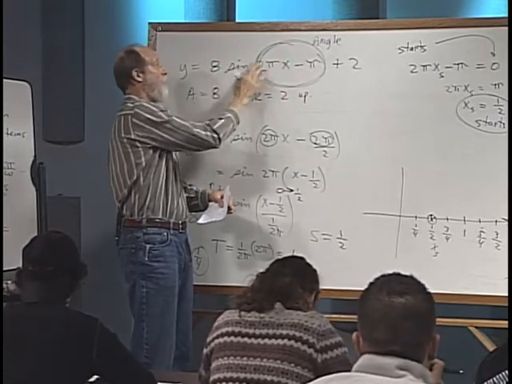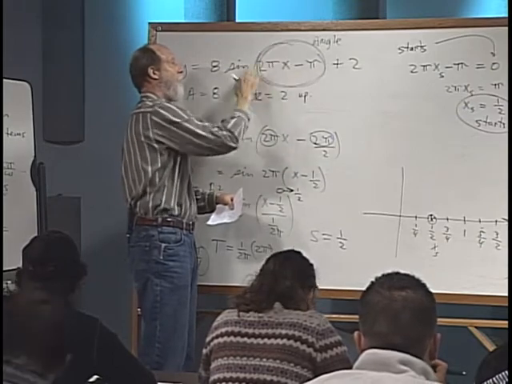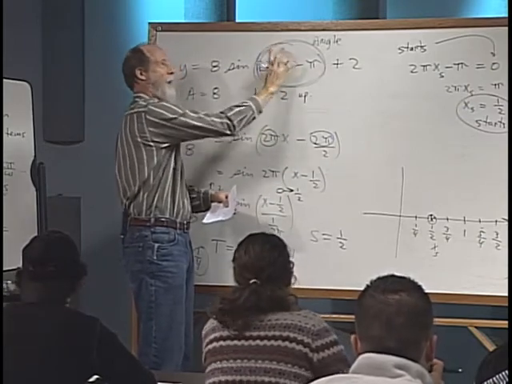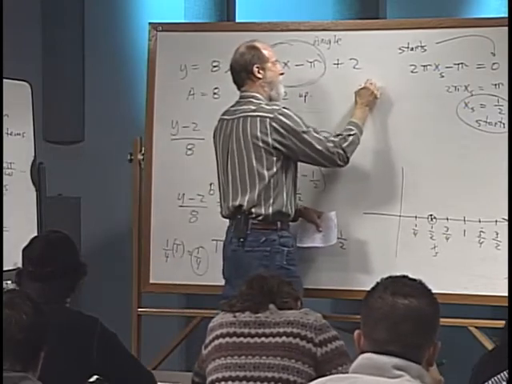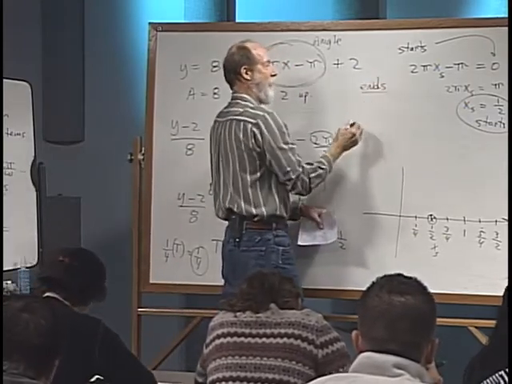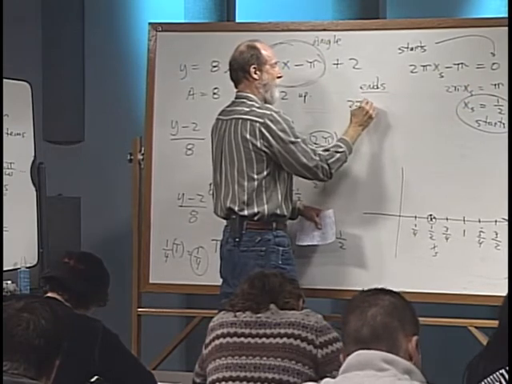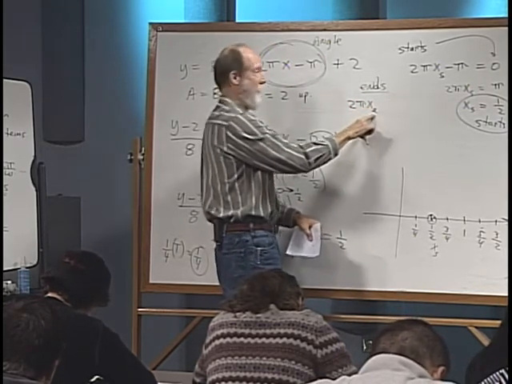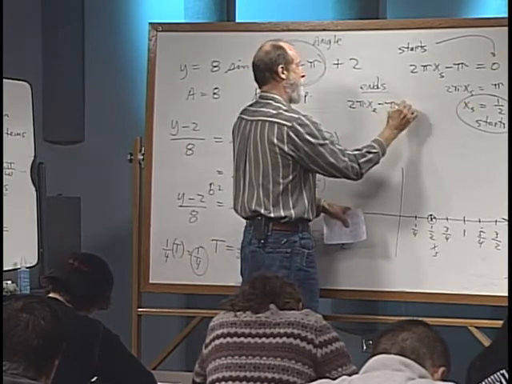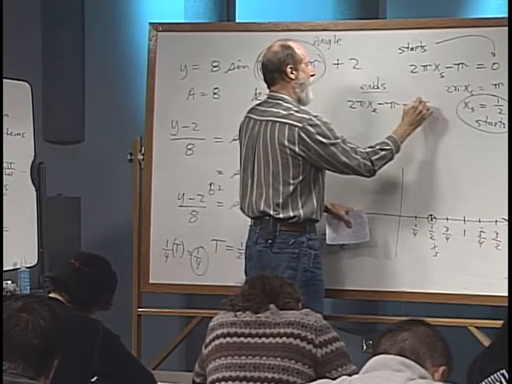You know sine will finish a whole cycle if this whole angle here becomes 2 pi, right? So why not do that problem? It ends a cycle if the whole angle, I'm going to change this to a new x, ending point, equals 2 pi.